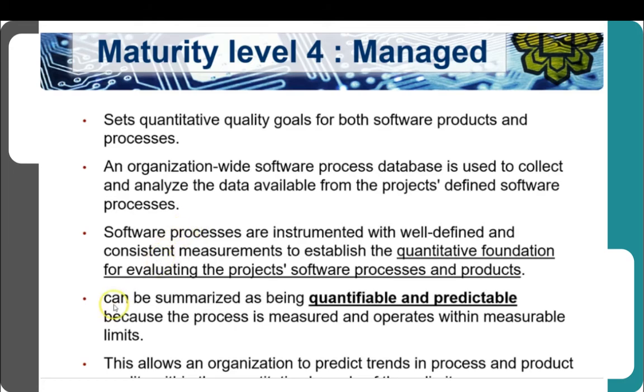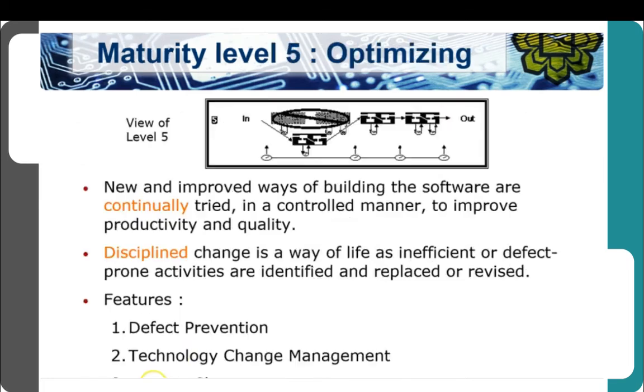So the software processes at this level can be summarized as being quantifiable and predictable because the process is measured and operates within measurable limits. So the organization is able to predict the trend of the processes and the quality that will be produced within this constraint.